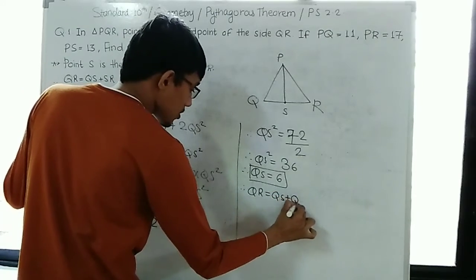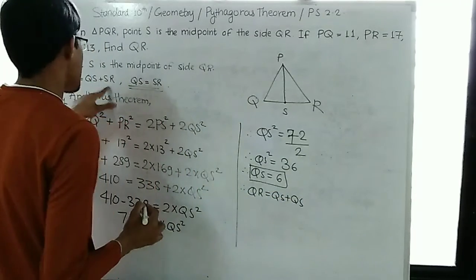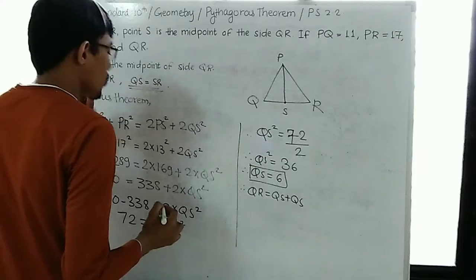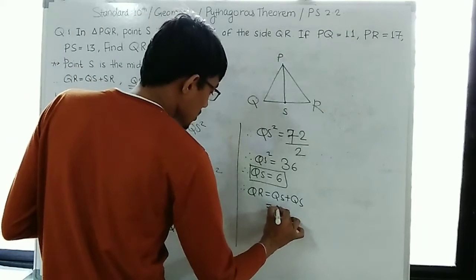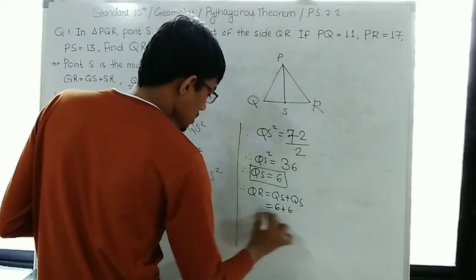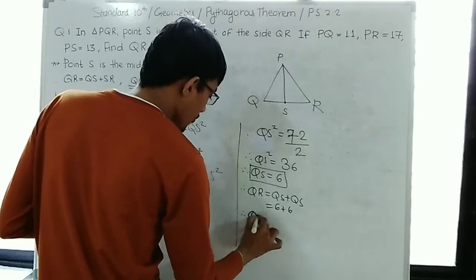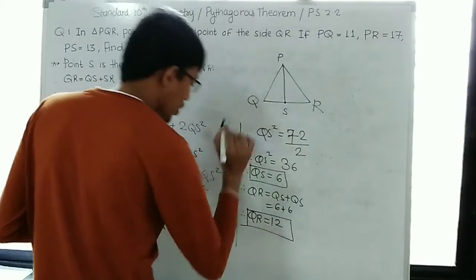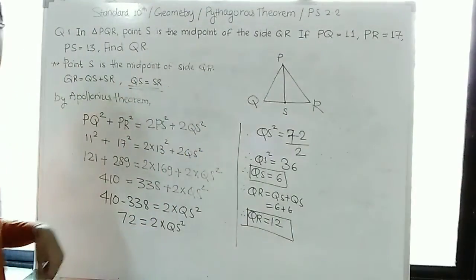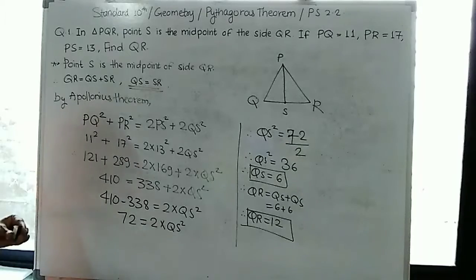As SR is also equal to QS, I can take QR is equal to QS plus QS, that is 6 plus 6. Therefore I get the value of QR, that is 12. This is the required answer.